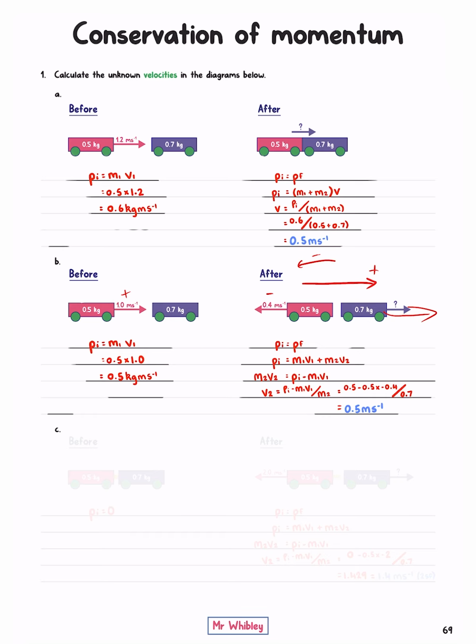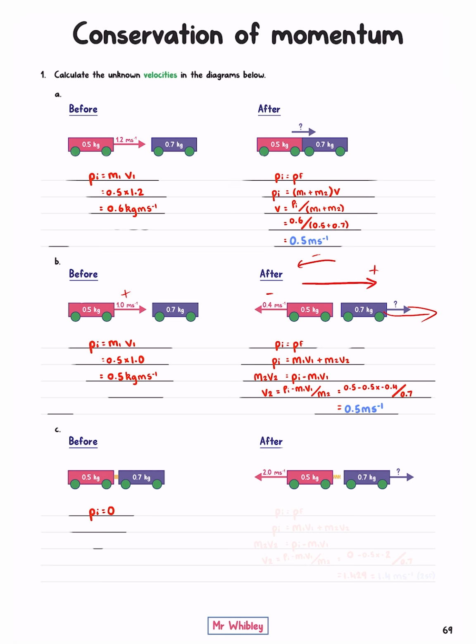For section C, our two carts are joined with a spring, and because they're initially stationary, our initial momentum is 0. Afterwards, the carts spring apart, the pink cart with a velocity of 2 meters per second towards the left, and the purple cart with an unknown velocity towards the right, which we're trying to find.